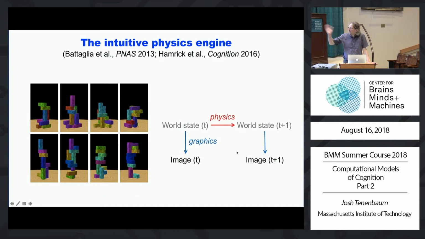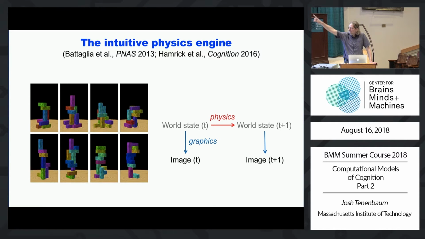Now, if we want to build a model of how you do that, okay, then the mental model that we think you have is something like this picture here, and it's about interpreting images at a certain point in time and being able to predict what's going to come next, what you might see in the future, images at a later point in time, okay, but also really about the underlying world state.